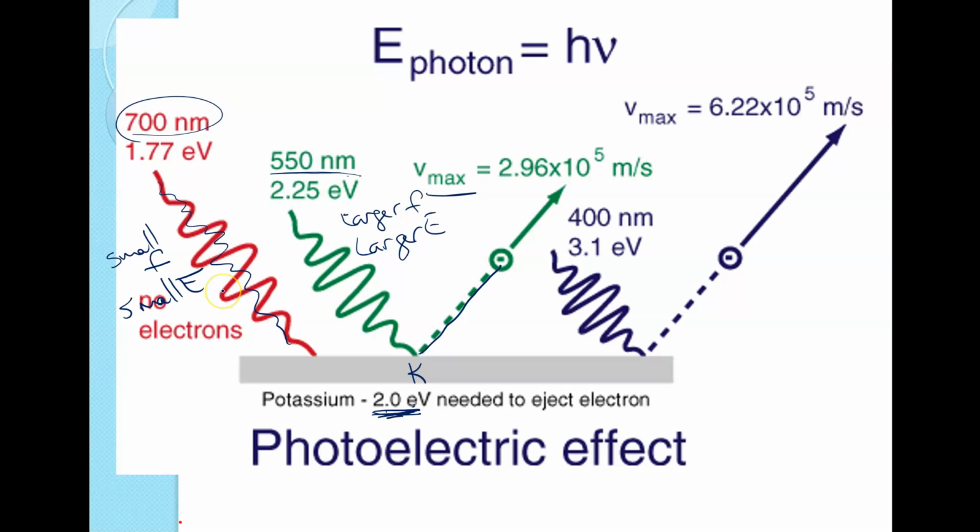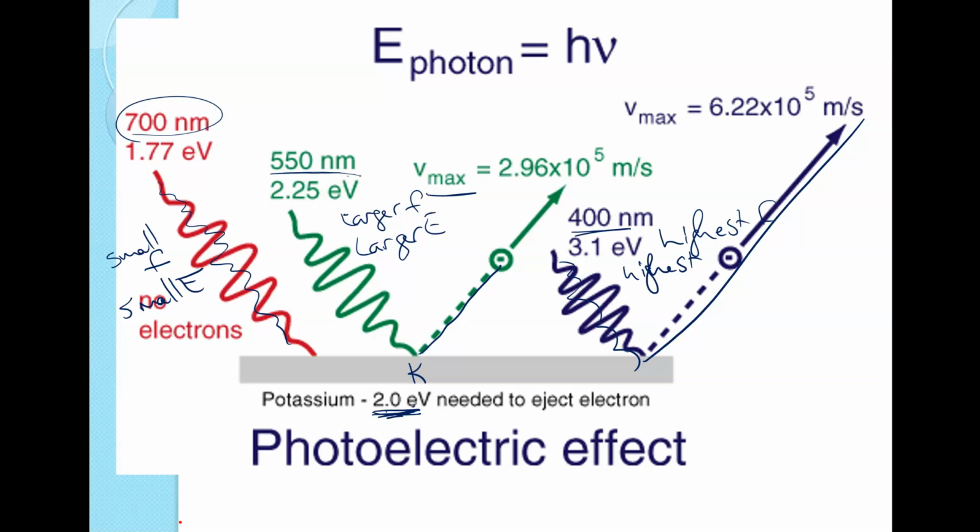Okay? The red light I could shoot at it for days and nothing happens. Shoot it with the green light and it always pops the electrons off. Okay? When I get to blue light, that's even higher. It's the highest visible light, it's got the highest frequency and the highest energy. Which means when I shoot the blue photons, the electrons go shooting off with even more energy.